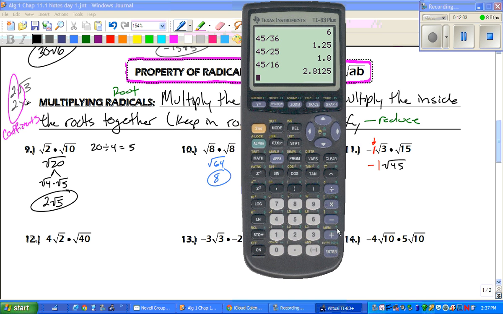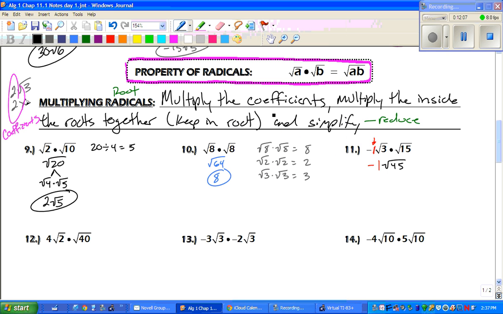No. What about 16? No. Well, what about 9? Yes. So this breaks down to 9 and 5. The square root of 9 gives you 3, and so you're left with negative 3 square root of 5.